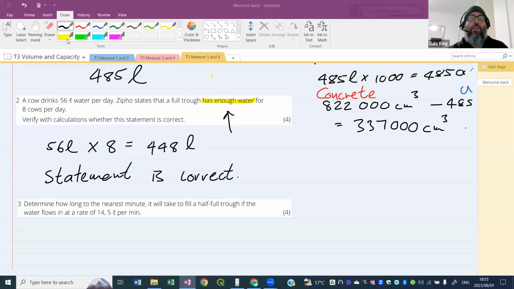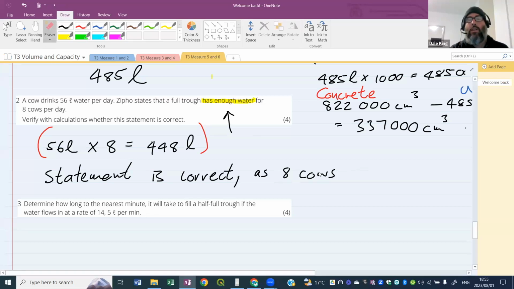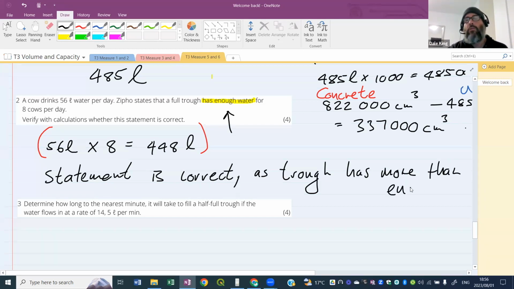How much do you need a calculation? The calculation we have here is backing up our answer. You could say the statement is correct as the trough has more than enough.